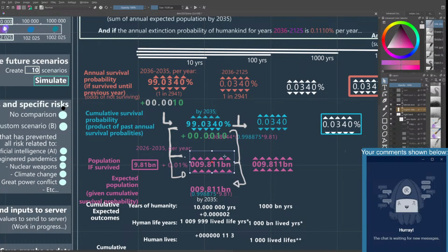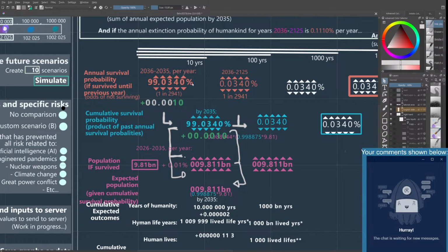On the other hand, I want to keep this very accurate, because I want to indicate the expected population changes of very small changes in survival probability.